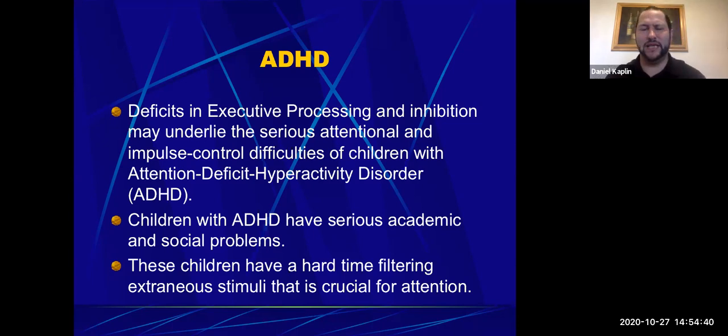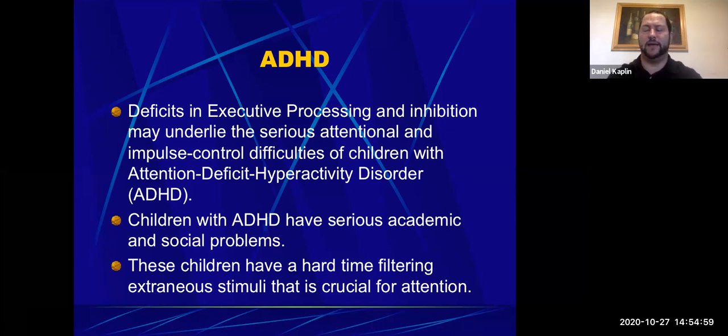So what's the implication? What happens when a child struggles with filtering out important information from non-important information? Well, they are going to have issues in school. They're likely going to struggle with their grades, and they might have social problems.